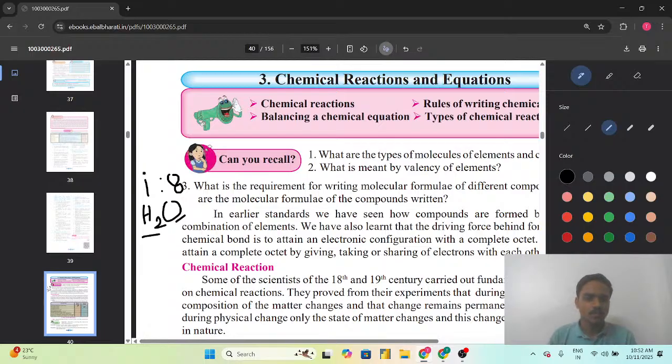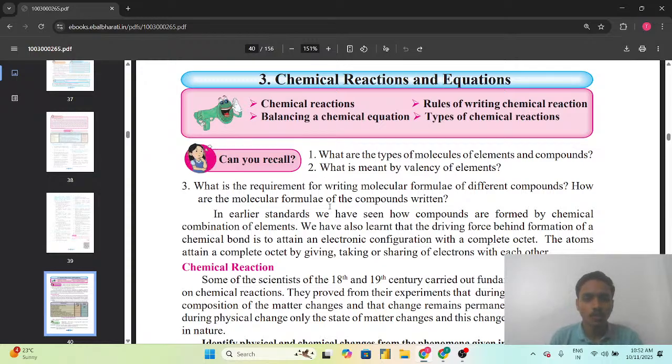So as we can see here, the ratio 1 to 8, the proportion is fixed, due to which there is a formation of the compound H2O. But when these elements combine in any proportion, it leads to the formation of a mixture. This we have already covered in the previous chapter.